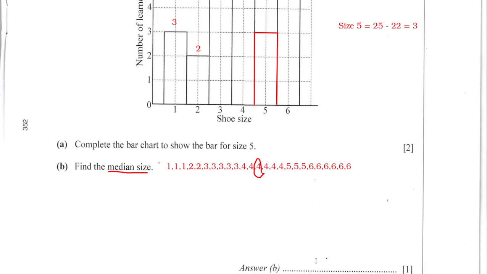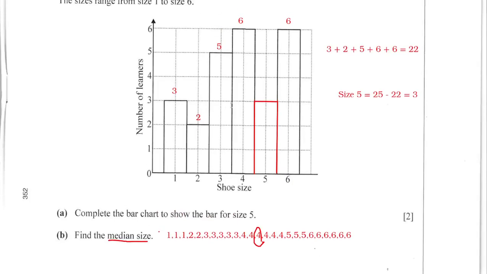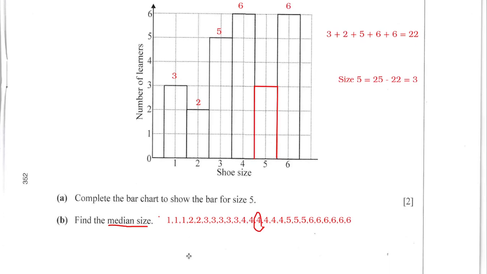Now, however, this year the question may come with very big numbers. Maybe they say this is 100, this is 105, that's 300, that's 750, that's 20. Then you are required to find the median. So you just need to find the median position first. So what's the median position?